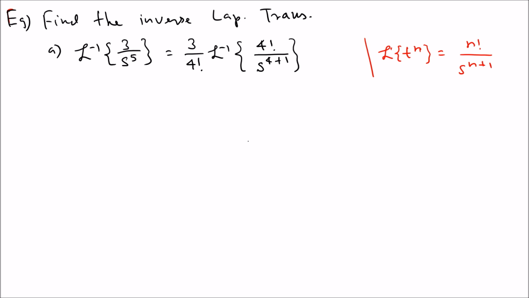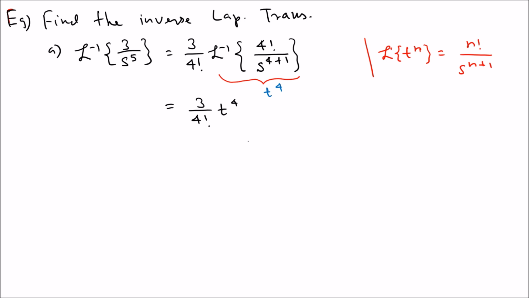This part is simply the Laplace transform of t to the 4, so the inverse gives t to the 4. So the answer is 3 over 4 factorial times t to the 4.